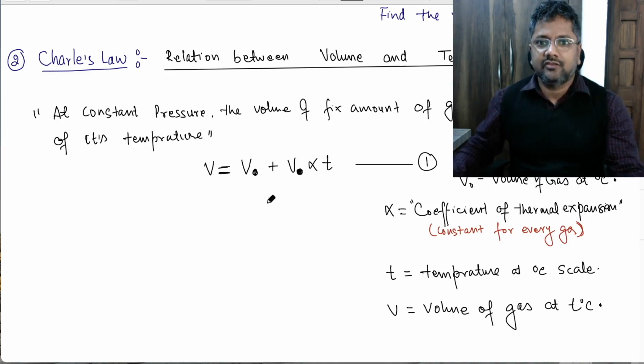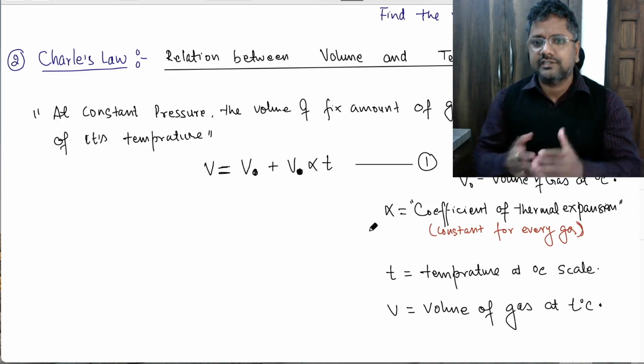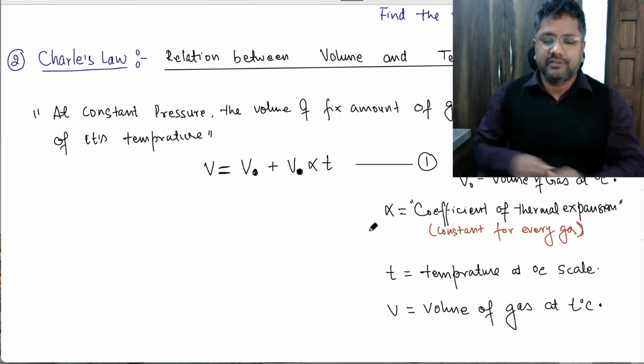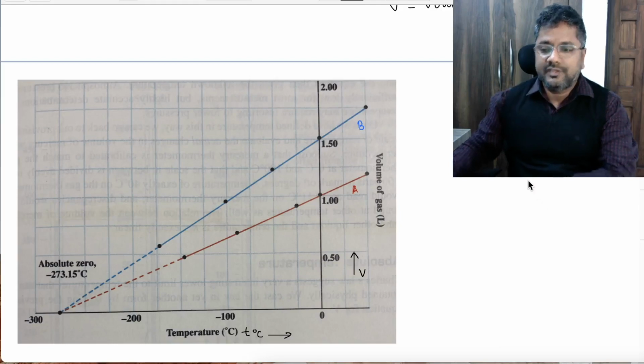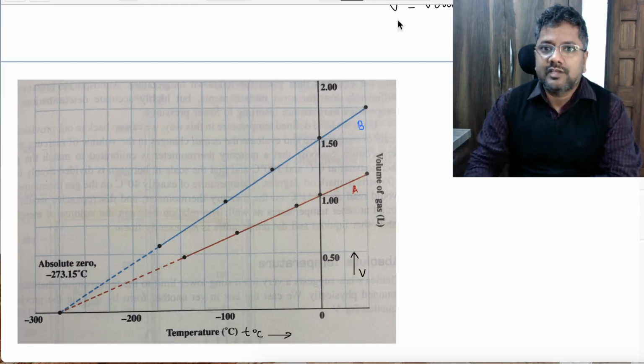Let's see one graph between V and T, how this volume varies with temperature in degree Celsius scale. Now see, I have taken two samples here, sample A and sample B at 0 degree Celsius.